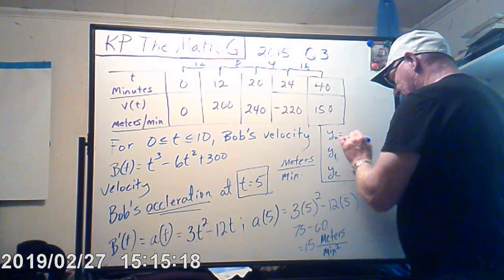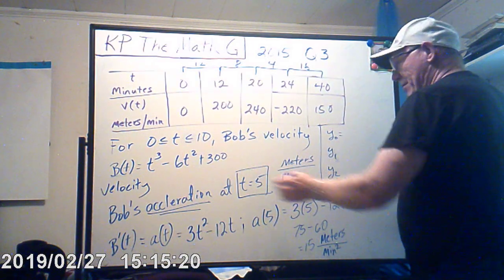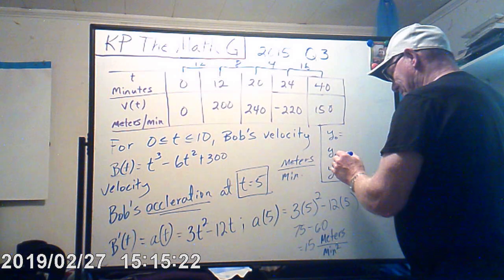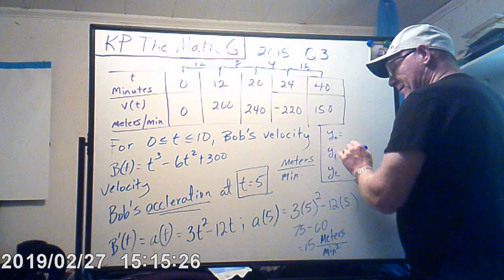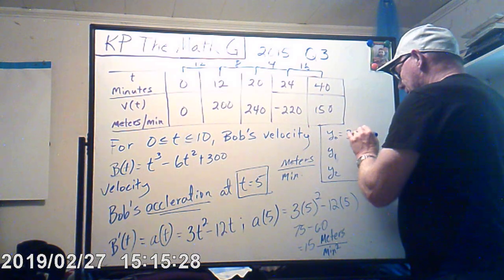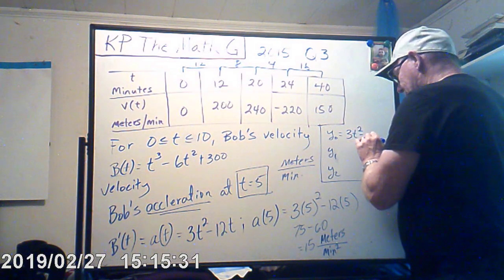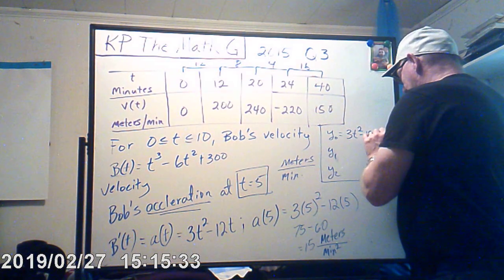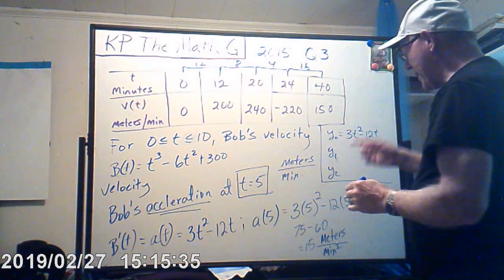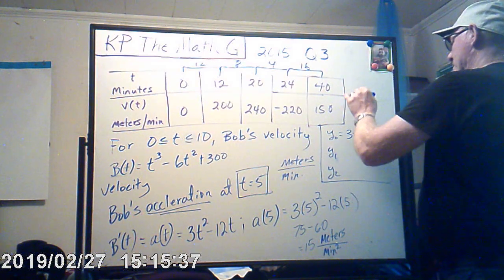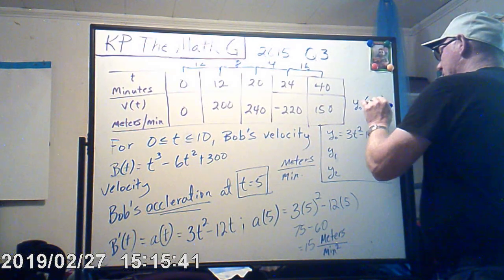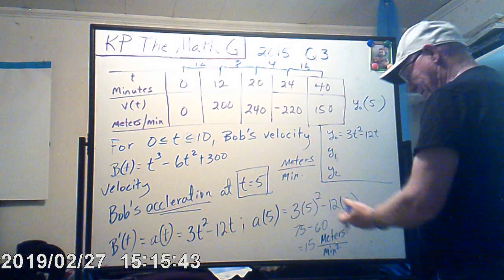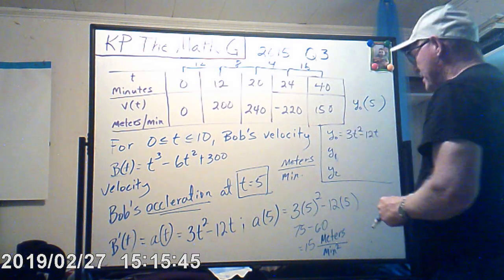So put 3t squared minus 12t there. Then you could pull up y sub 0, put the 5 in there, and it will come up with 15.